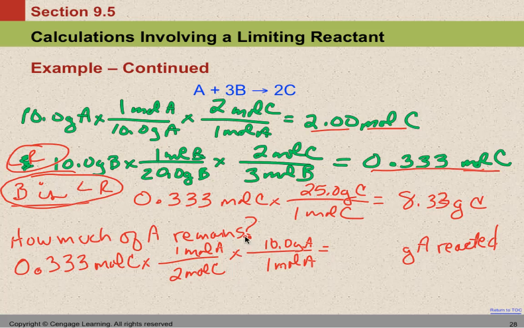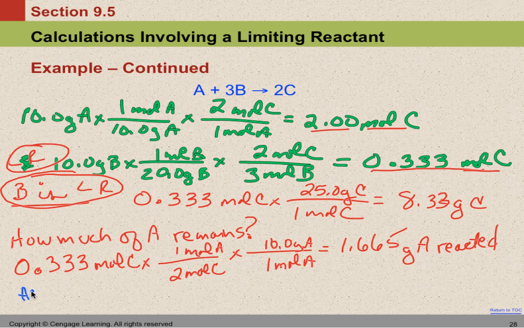So I take the 0.333 divided by 2 times 10. I get 1.665. I carried a couple extra significant figures, which I should have done here as well.